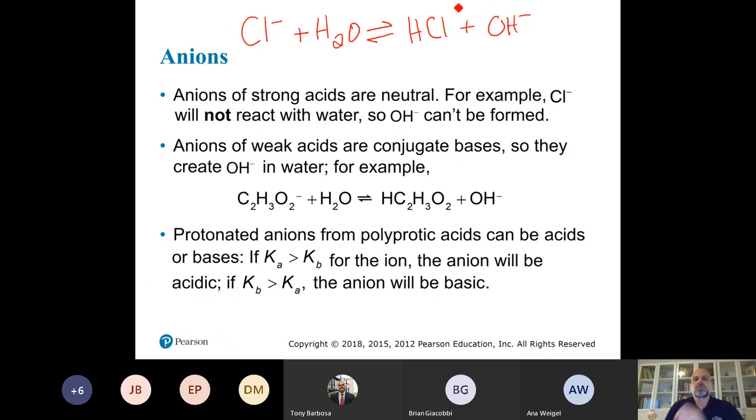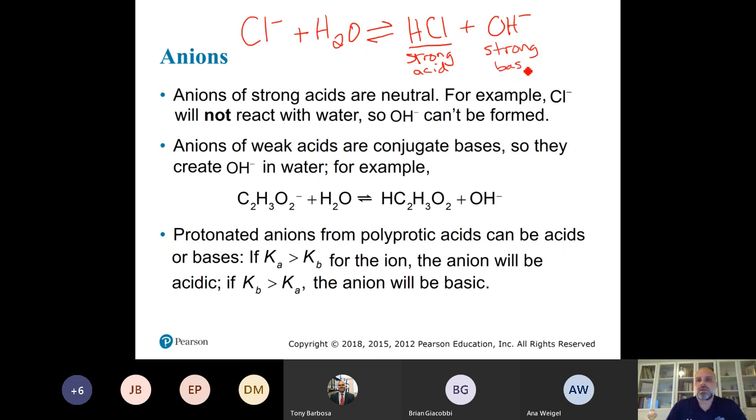This is what you would expect to happen. HCl, on the other hand, is a very, very strong acid, and the hydroxide is a strong base.